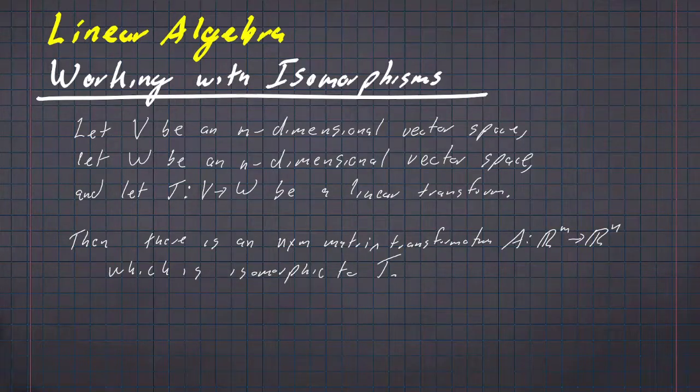Here is some word soup for you. Let V be an m-dimensional vector space. Let W be an n-dimensional vector space, and let T be a linear transformation from V to W. Doesn't have to be one-to-one or onto. We are not specifically looking at an isomorphism here.